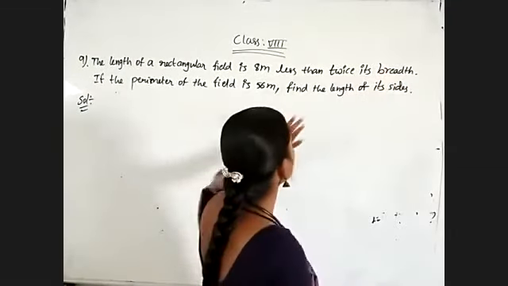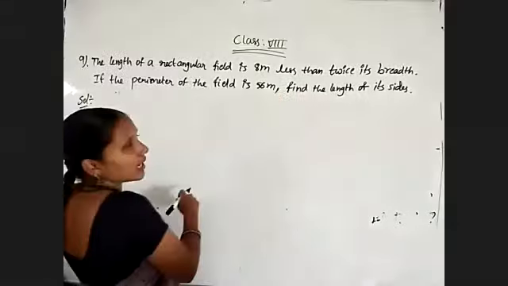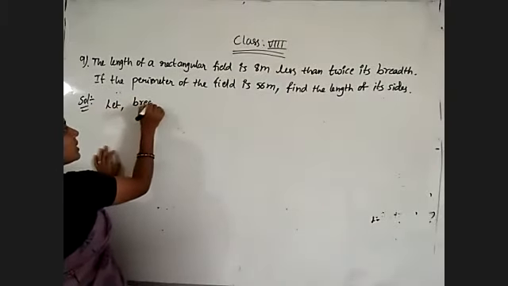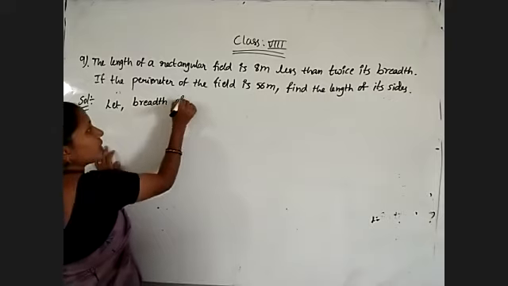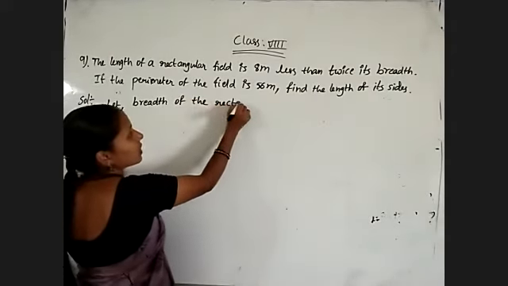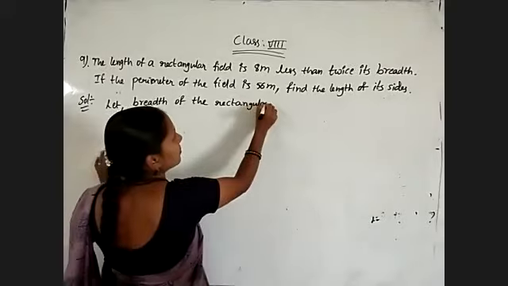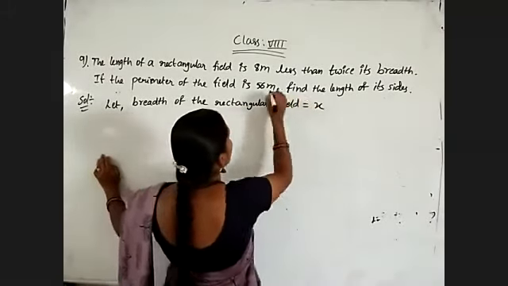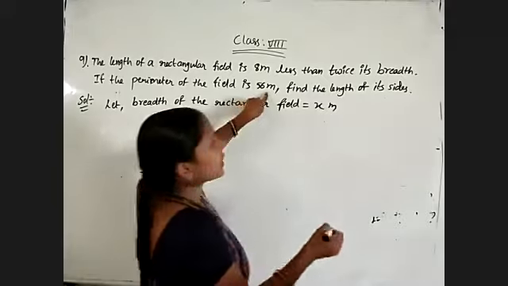So let the breadth of the rectangular field be x meters, because the perimeter is given in meters.